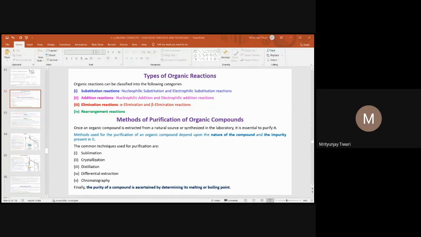If the pressure above the liquid surface is reduced, the boiling point will reduce. If the compound was decomposing before reaching its boiling point, now the boiling will happen at a lower temperature, because the decomposition happens at a particular temperature. Now the boiling is happening at a lower temperature, so the decomposition will not happen. And now you can just evaporate the compound, condense it, and receive it in a receiver.